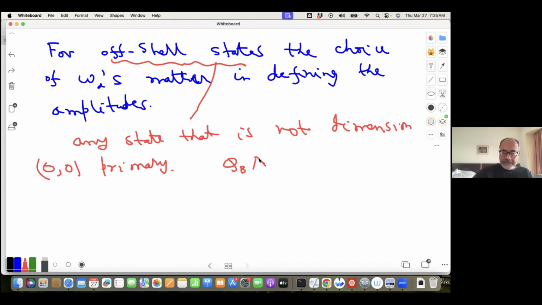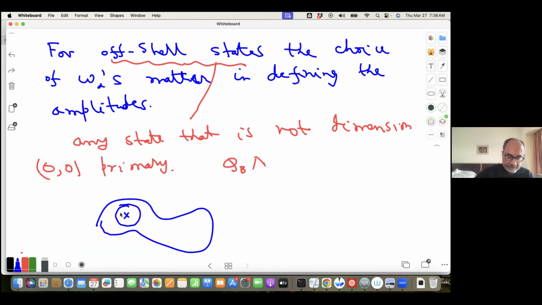To define its amplitude, you need to pick these local coordinates, because if you recall, on a Riemann surface, if there is a puncture, we define this local coordinate WA and insert the vertex operator in this coordinate system.